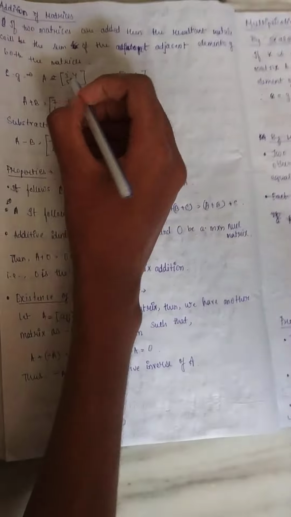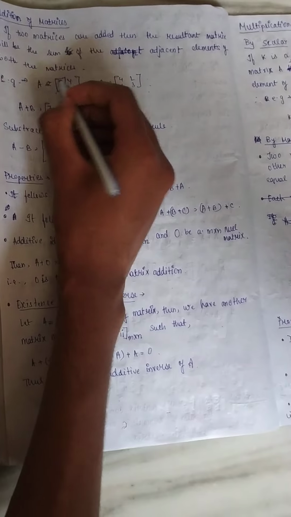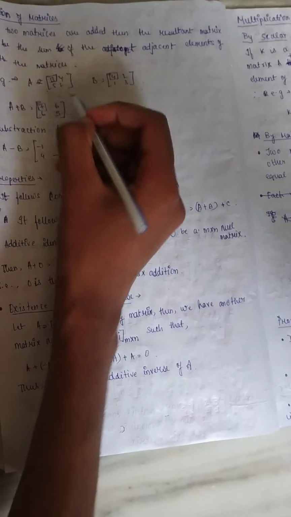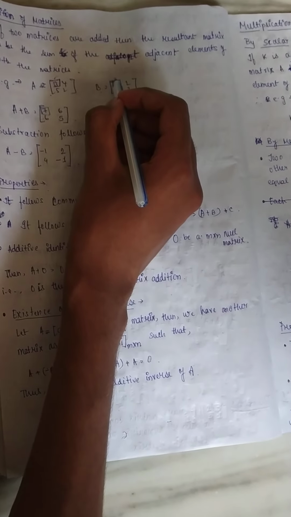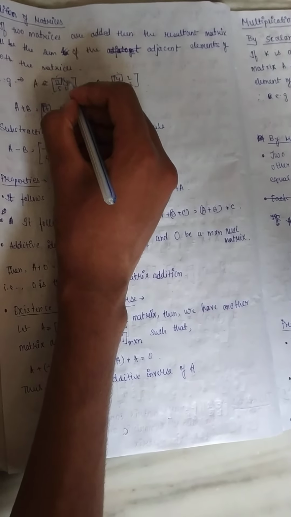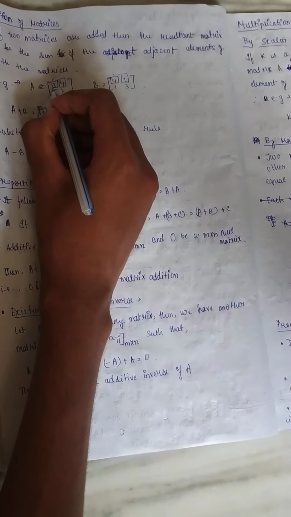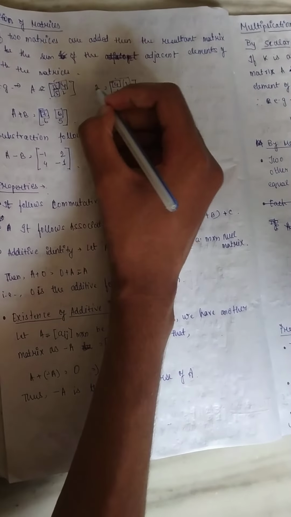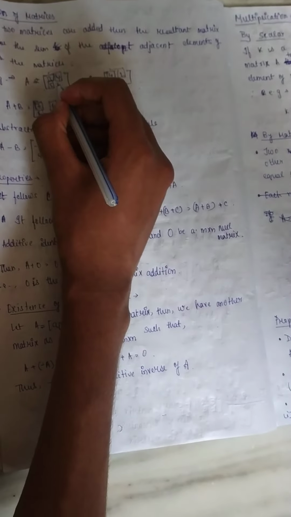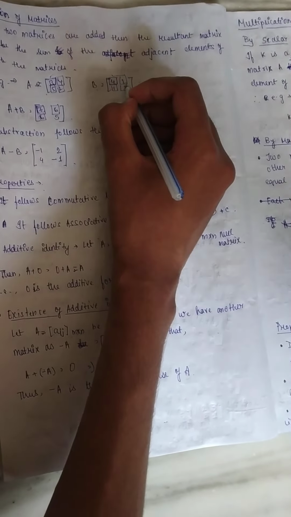A plus B: the A11 element in the A matrix and the B11 element in the B matrix get added, meaning the corresponding elements get added up. For example, A12 plus B12 gives 6, then A21 plus B21 gives another 6, and A22 and B22 give 5.